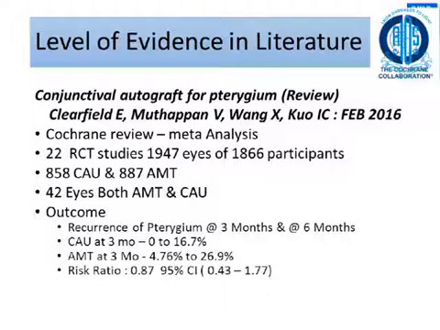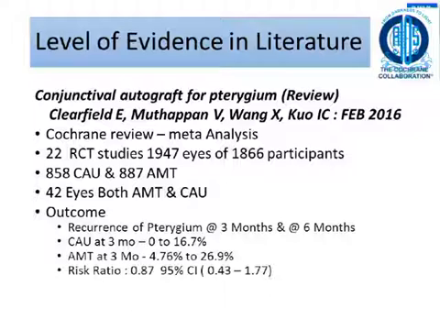They looked at the recurrence at 3 months and at 6 months. With conjunctival autograft at 3 months, the recurrence rate is 0 to 16.7%, whereas with AMT it was 4.76 to 26.9%. We compare these using what is called the risk ratio. Comparing with conjunctival autograft, is AMT better or not?